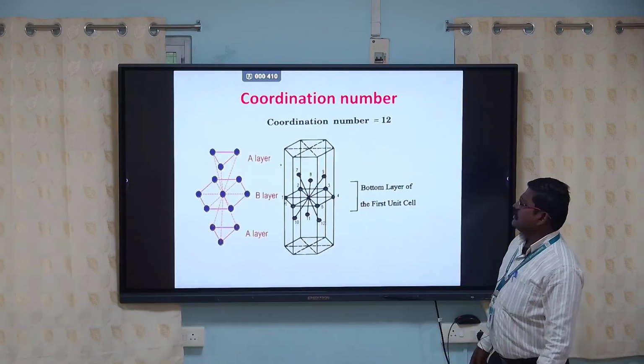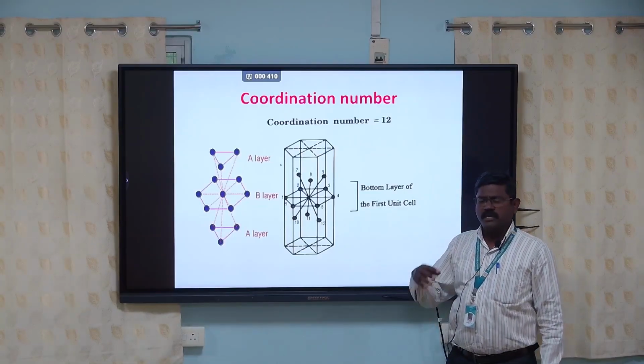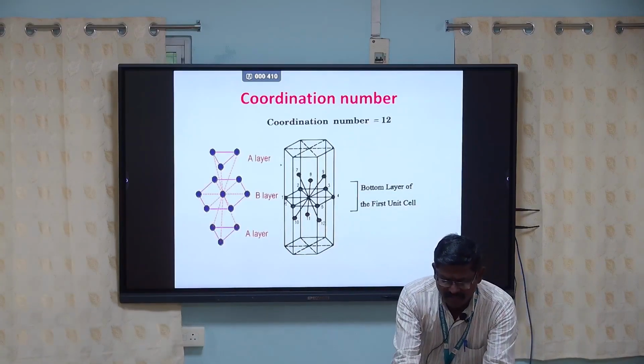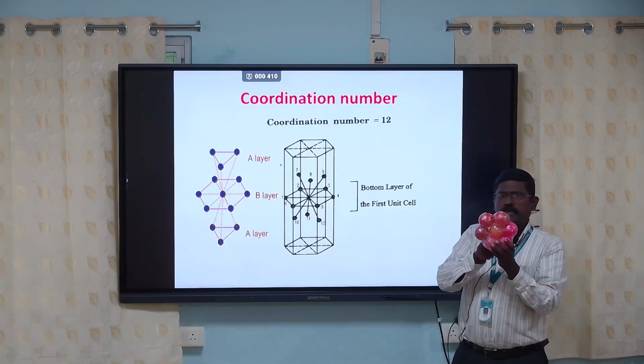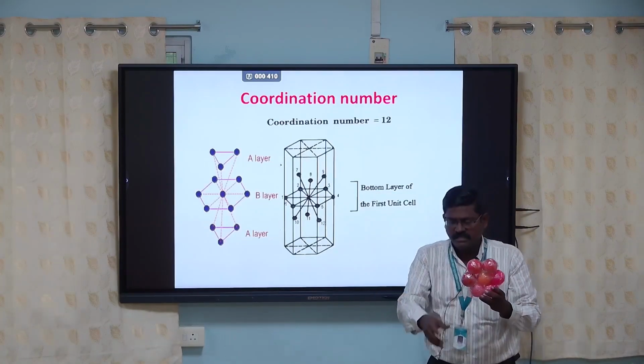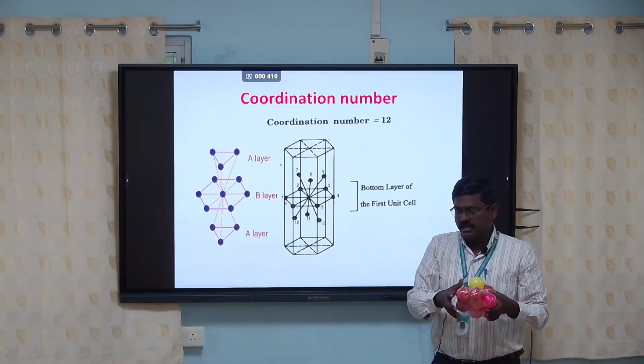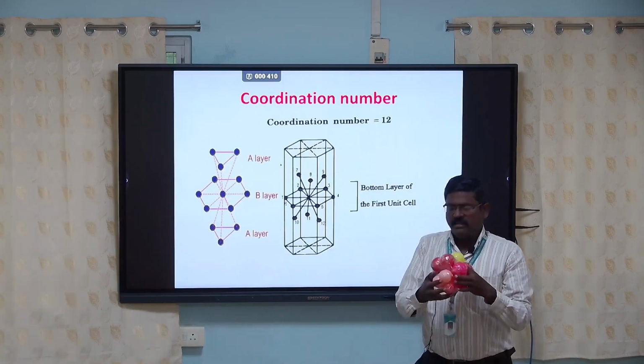Okay. And coordination number. Coordination number means the number of atoms surrounding another atom. So if we take this base center atom, here we have 6 atoms surrounding it. Besides this, we have 3 atoms of this unit cell, and as well as we have another 3 atoms.